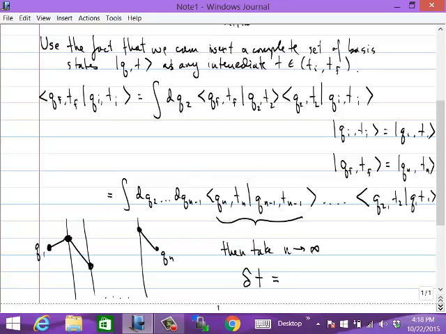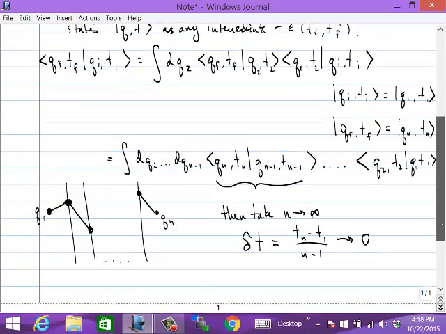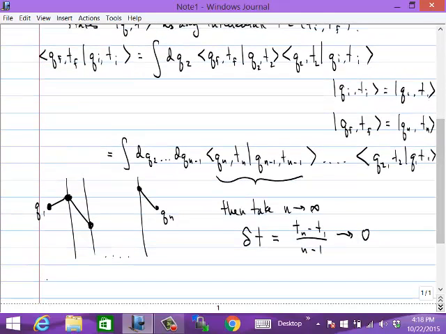So the time step, which is tn minus t1 divided by n minus 1, the total number of intervals that we break this up into, is going to go to 0. So in this limit, this transition amplitude should become a sum over all paths that the particle could take between an initial position q1 and some final position qn.